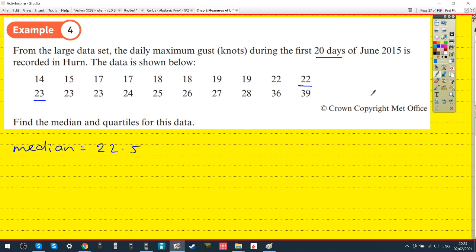Okay. Lower quartile, upper quartile. How do we do that? Since it's 20 numbers and you've got the two in the middle, would you need to take away 5? I don't know. The way I do it is a quarter, n plus 1.